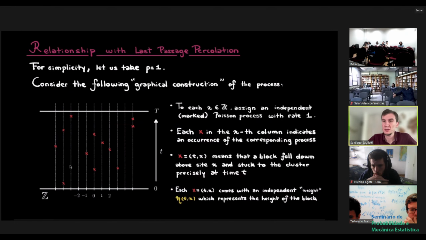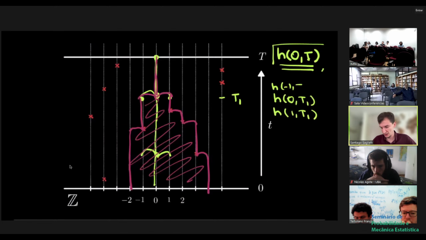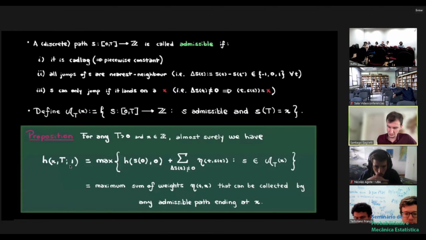Maybe you can say something, because the model looks a lot like the continuous one. This graphical representation is very flexible, and maybe you can say something using this graphical representation and this formula right here. But we haven't looked at that.